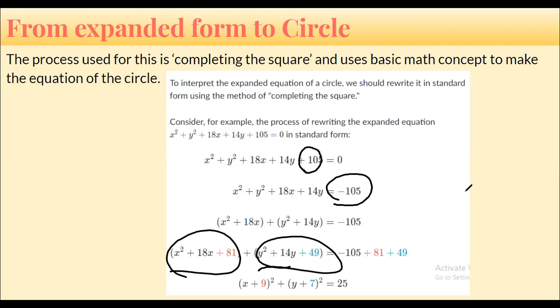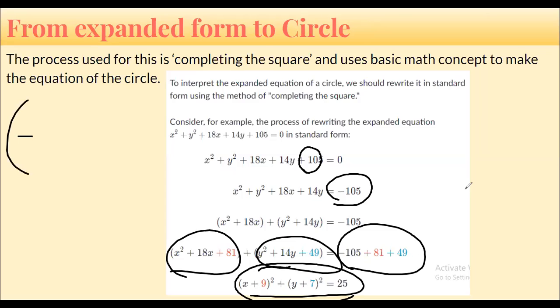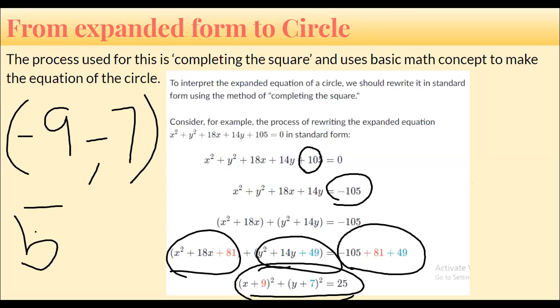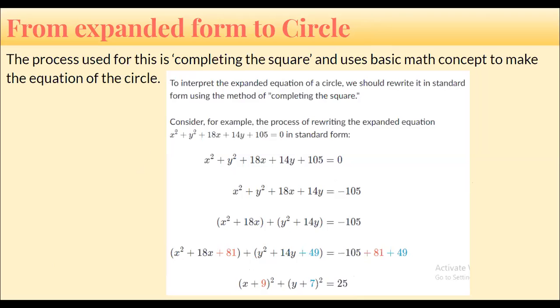You would add these two over here, getting (x plus 9) squared plus (y plus 7) squared is equal to 25. So the center is (-9, -7), and the radius is 5 because the square root of 25 is 5, right? This is fairly simple.